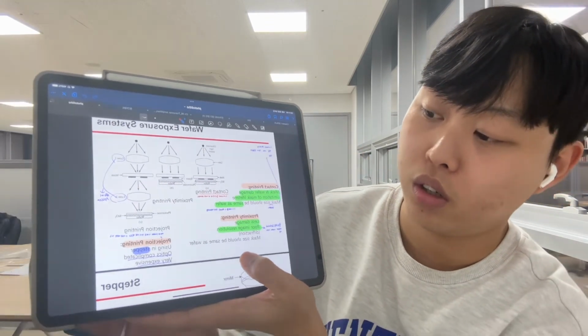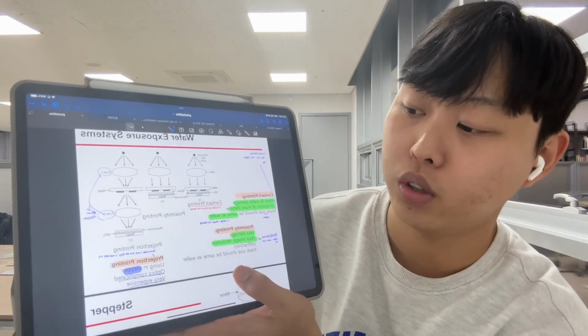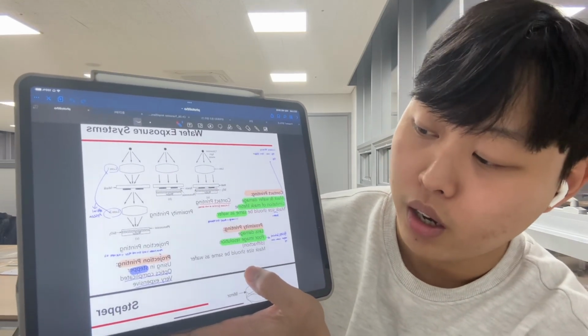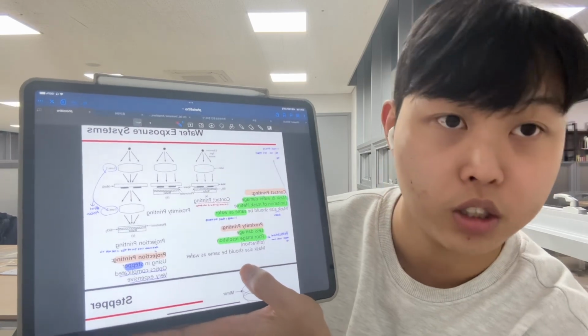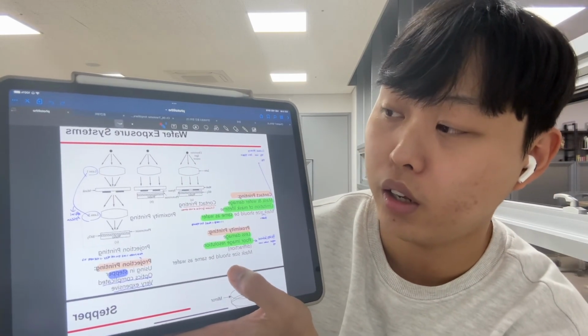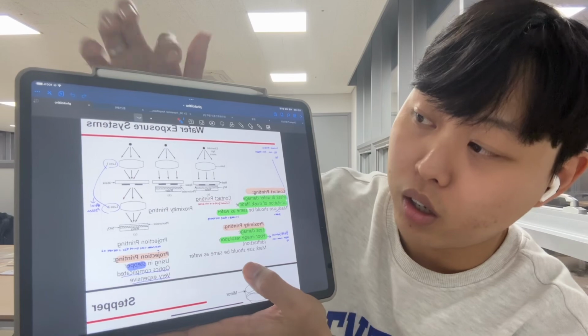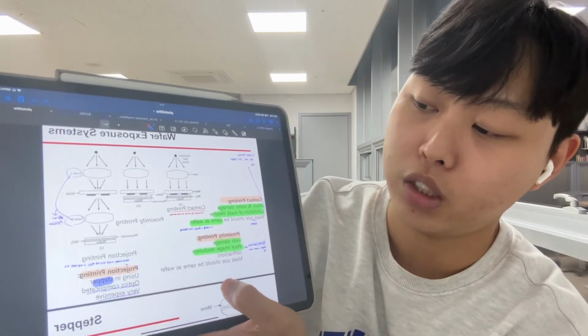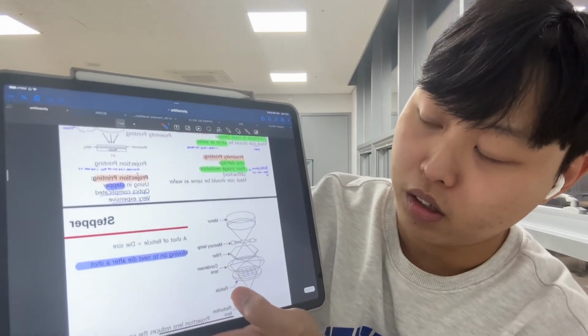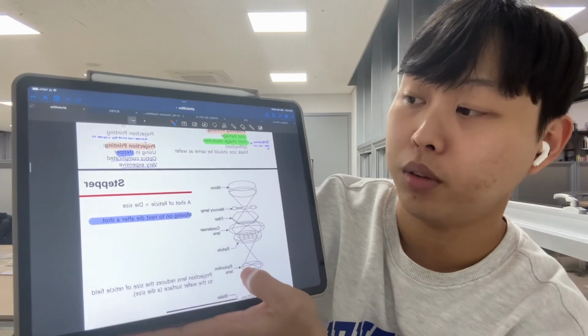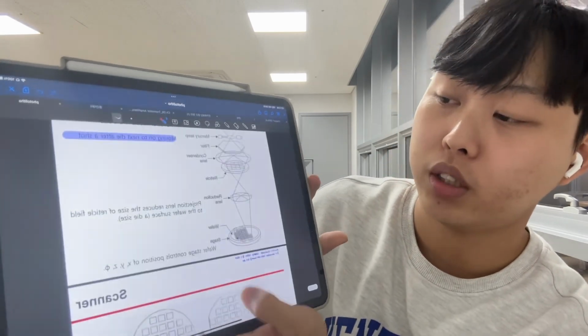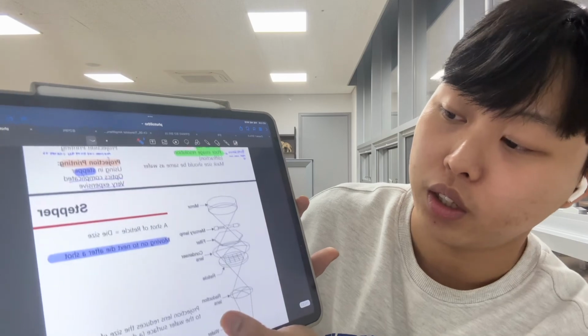We use a stepper and scanner for projection printing, and the optical systems are very complicated, and because we use a lot of lenses, it is very expensive. In the next class, I'm going to talk about the stepper and scanner for projection printing.